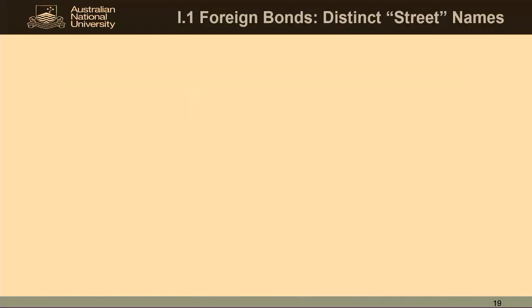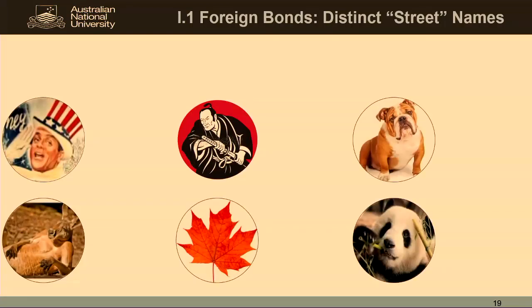Foreign bonds come with very distinctive street names. Finance professionals love to give street names to their products and instruments. And this is something that you need to know if you want to work in the finance industry, so you know what they're talking about. Okay?